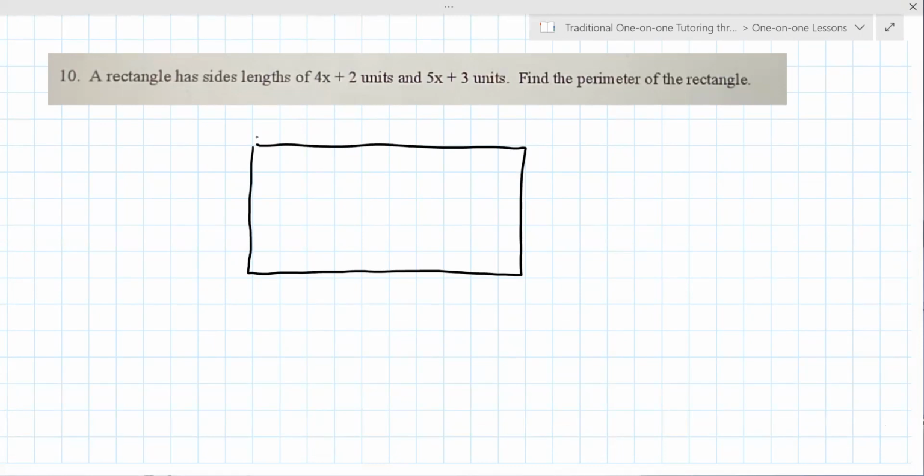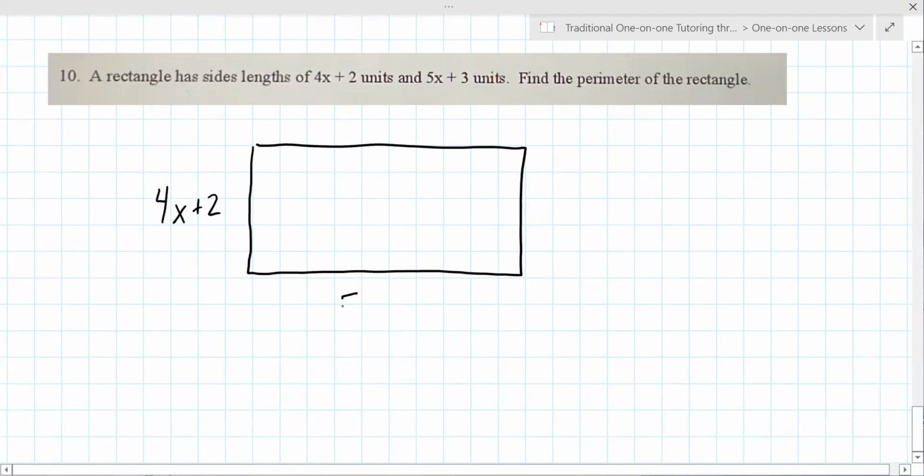Side lengths of 4x plus 2 and 5x plus 3. So I'll just call this one 4x plus 2 and 5x plus 3. You will learn next year in geometry that the opposite sides of a rectangle are congruent. You probably already know that, but you'll learn why that is the case. So it's always a good idea to just write those other sides in.